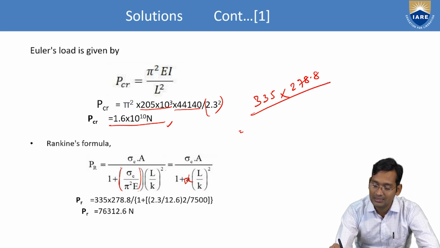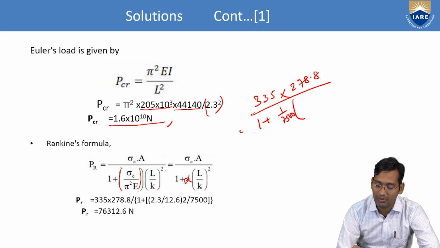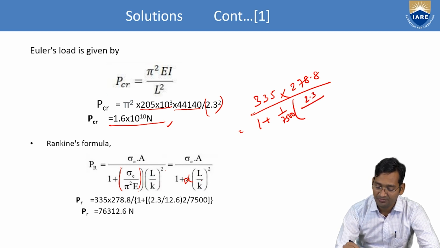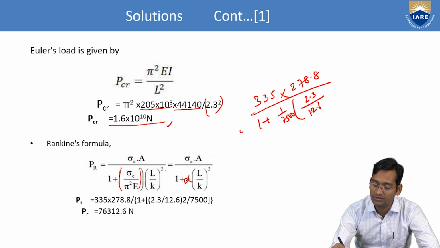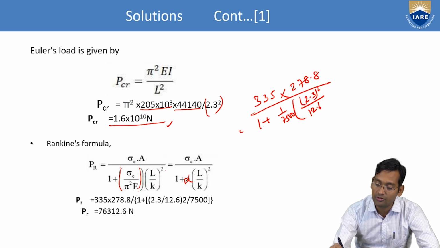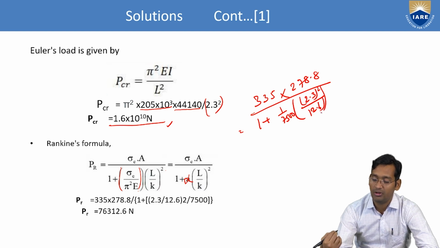This is divided by 1 plus alpha, which is 1 by 7500, into L by K, where L is given as 2.3, divided by K square, we got 12.6. So simply you can write L square by 12.6, that is L square by K square.